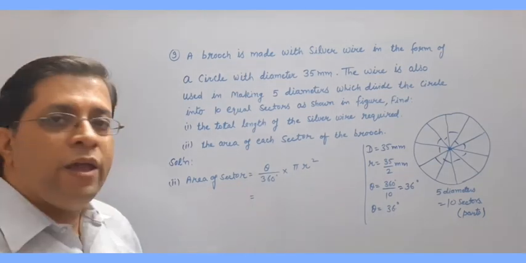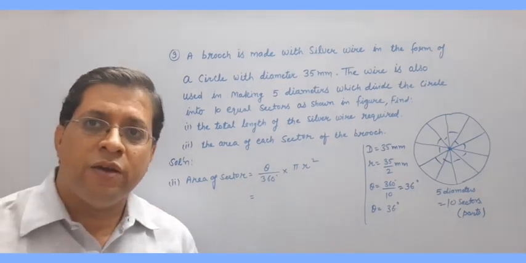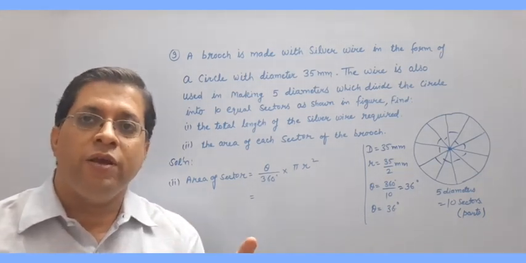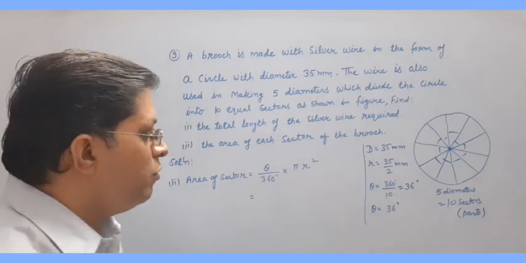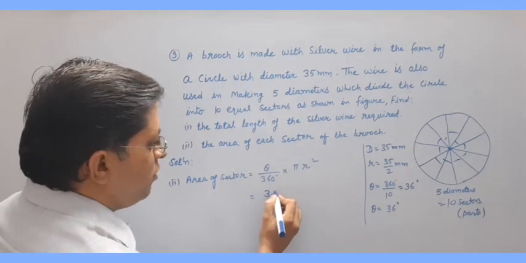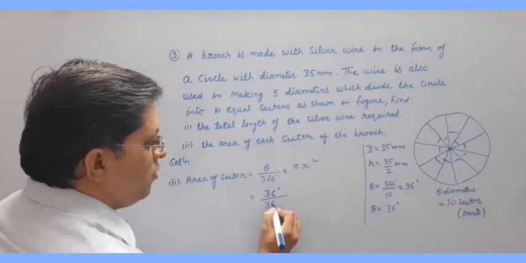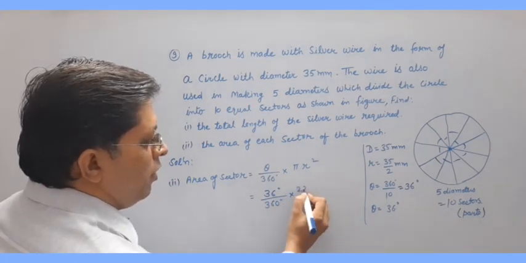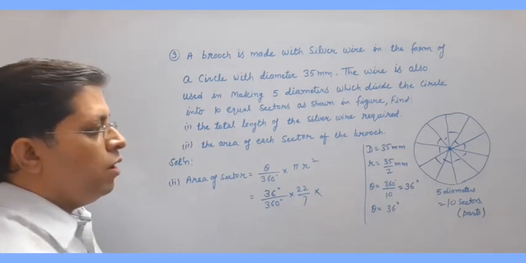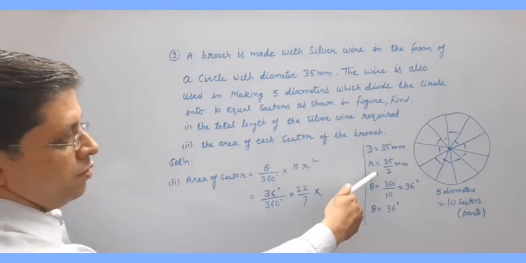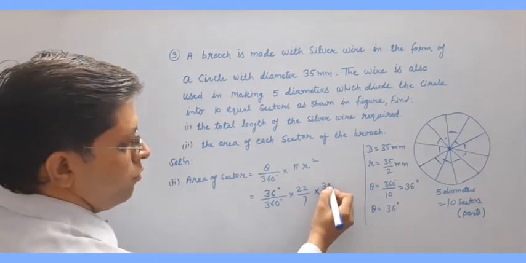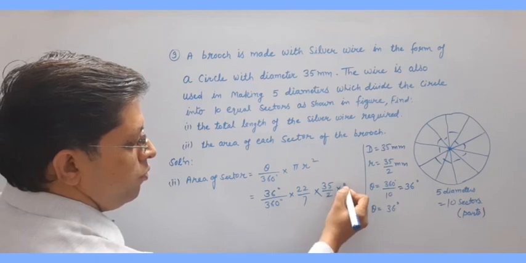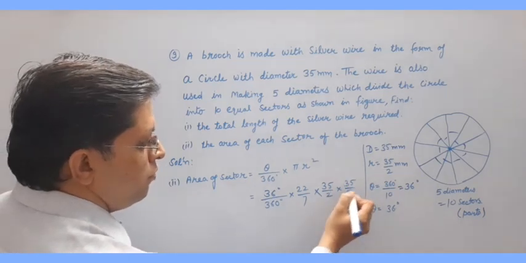Now the next part: what do you have to find? Area of sector. What is the area of sector? Theta upon 360 degree into pi r square. Theta is 36 degree, this is 360 degree, pi value is 22 upon 7, and r is given here, 35 upon 2 into 35 upon 2.